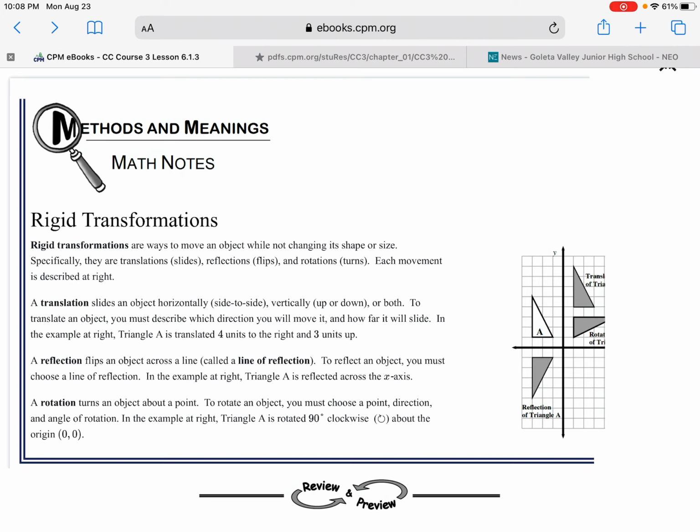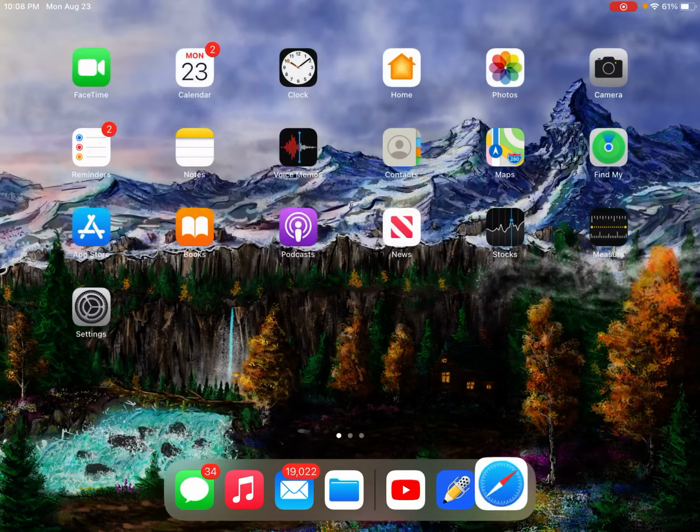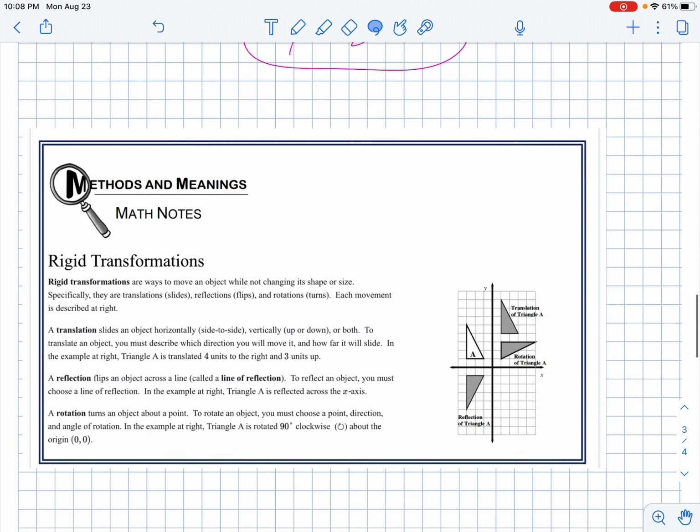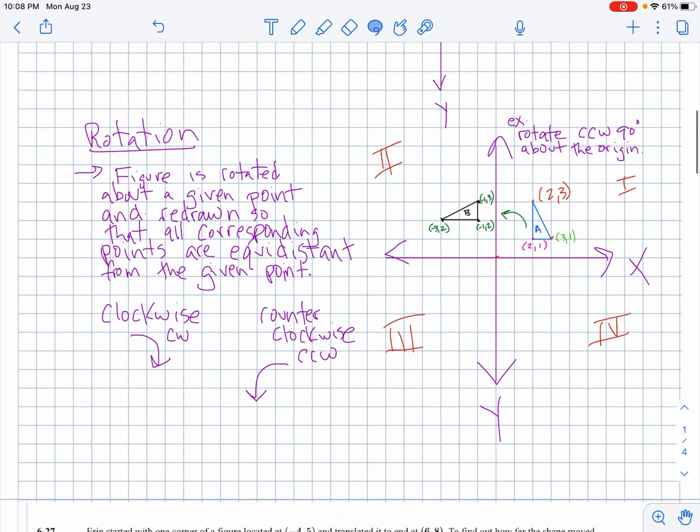So they're right here. A translation slides an object horizontally, side to side, vertically, up or down, or both. A reflection flips an object across a line called a line of reflection. A rotation turns an object about a point. So here are my definitions, in my Notability, with the same math notes box.